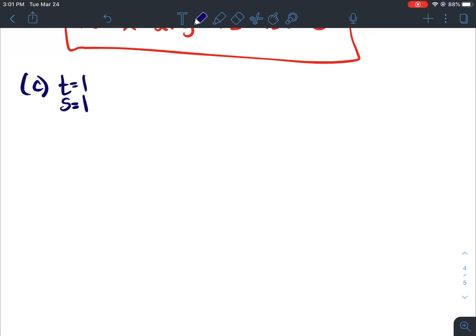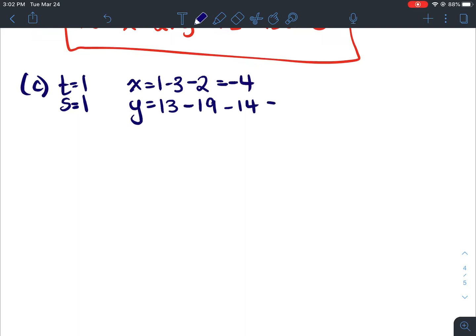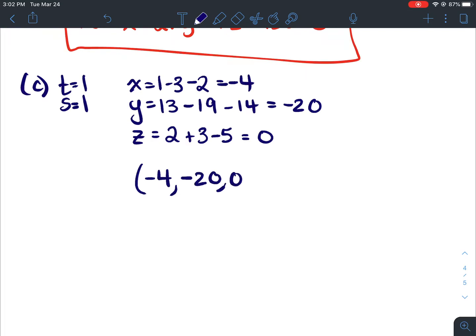Then when you sub those in, you'll get x equals 1 minus 3 minus 2, so that's negative 4. Y is equal to 13 minus 19 minus 14, which is negative 20. And z is equal to 2 plus 3 minus 5, so 0. So 1 point on my plane could be negative 4, negative 20, 0.